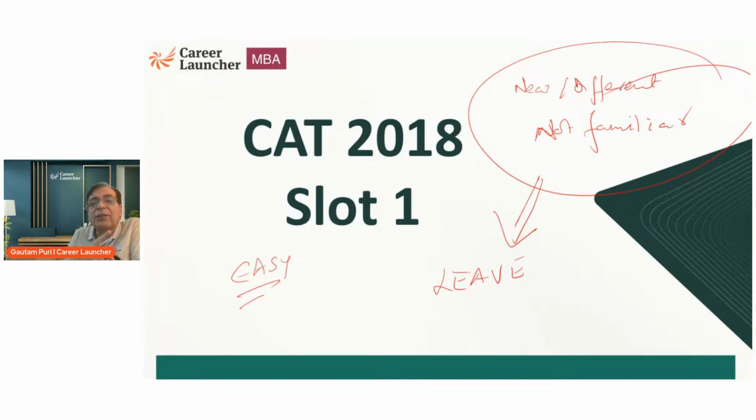So familiarity is something which is overrated. Whenever you have a new or different kind of data set, the kind of set you have not seen earlier, don't leave it, go through it, understand, and then decide whether to do it or not. Don't just leave it because you think, "I'm seeing something strange and new for the first time."